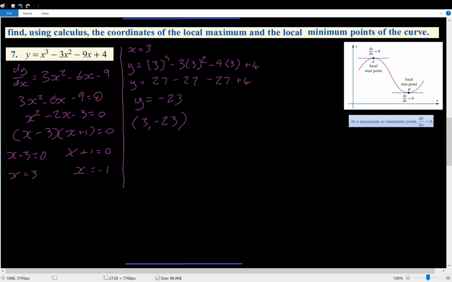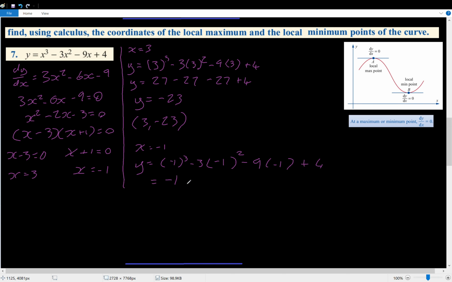And then we're going to do the same thing when x is equal to minus 1. So when x equals minus 1, y is going to be equal to minus 1 cubed minus 3 times minus 1 squared, minus 9 times minus 1, and then plus 4 on the end.